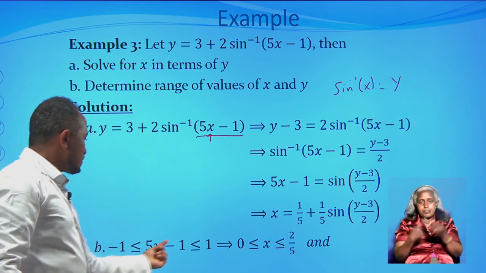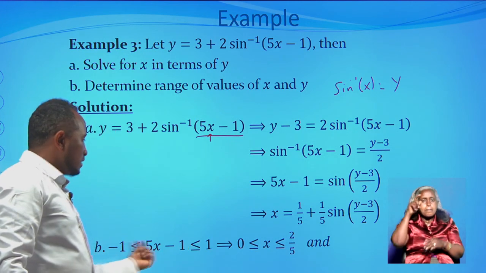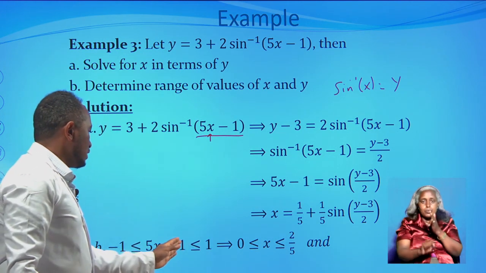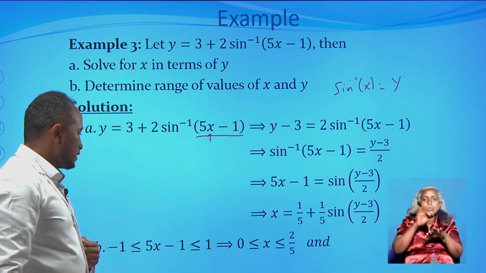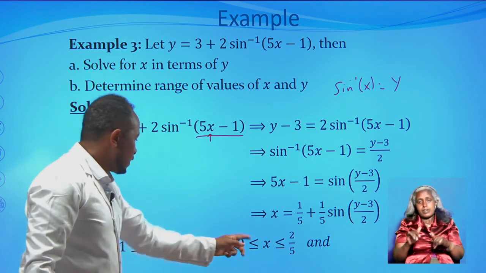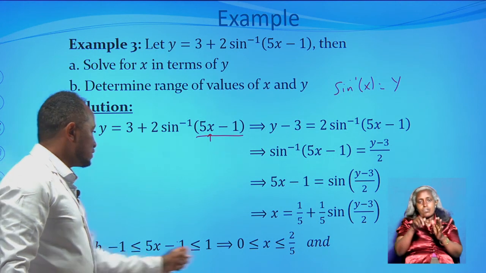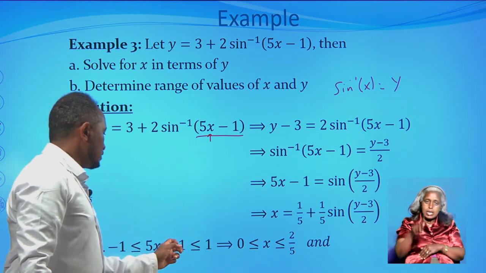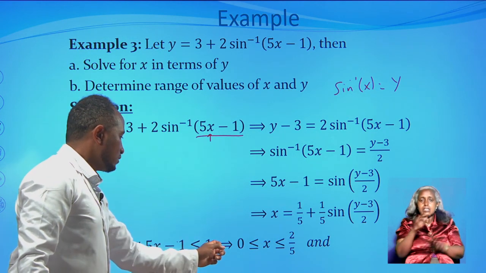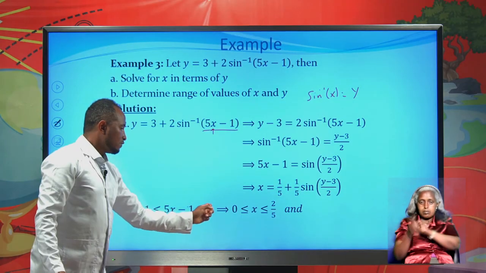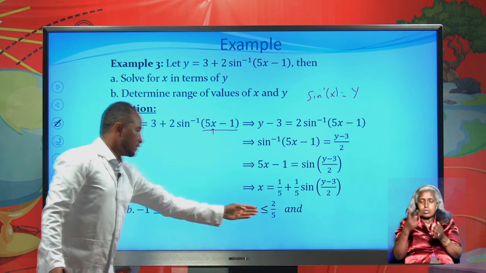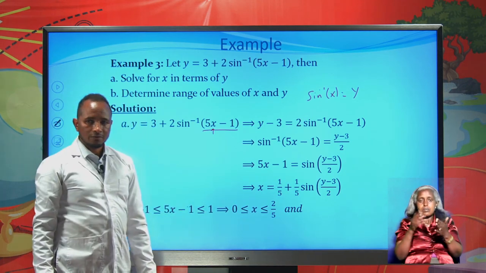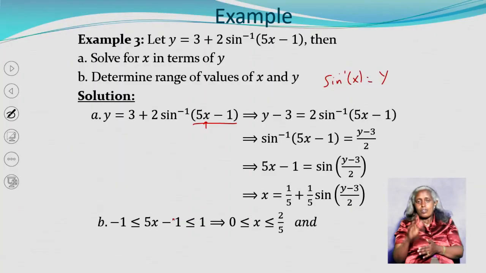Therefore, 5x minus 1 must be on the interval between these two, -1 and 1. So, adding 1 on both sides and dividing by 5, you will have -1 plus 1, it is 0 over 5, 0, less than or equal to x. Then 1 plus 1, it is 2 over 5. So the value of x ranges between 0 and 2 over 5. And the value of y.